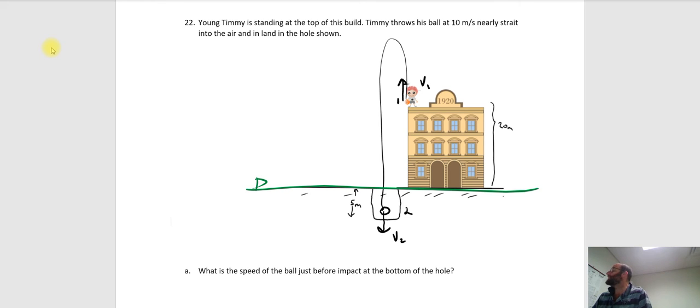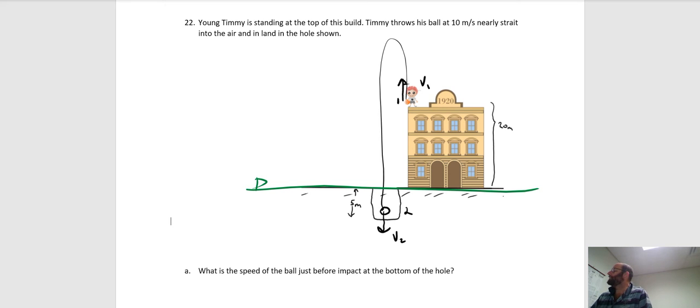When you write out the work-energy theorem, PE1 plus KE1 plus work equals PE2 plus KE2. You're going to have a PE1. It's going to be positive because you're at a height of 20 meters above the datum. You're going to have a KE1 because the ball's moving at that point. I'll talk about the work term last.